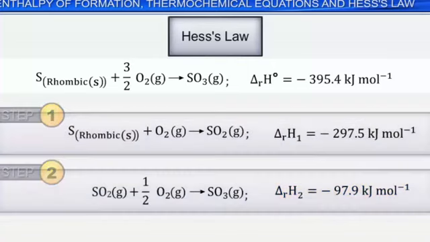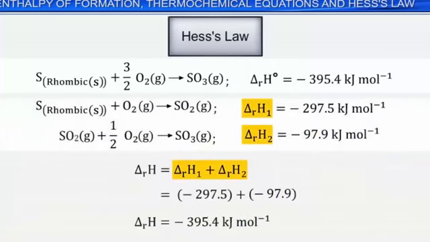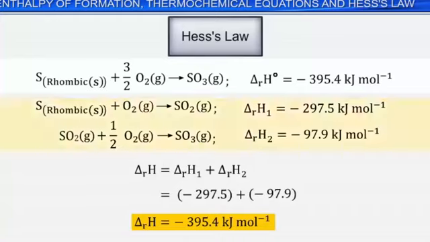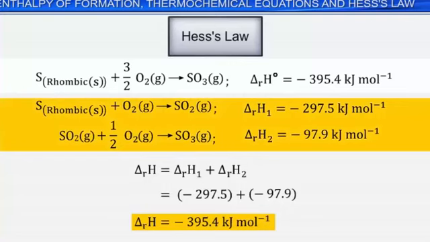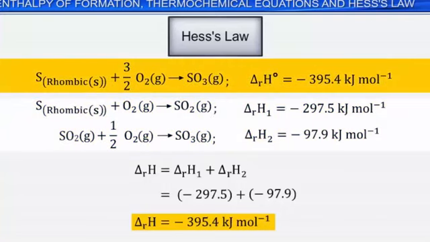If we add the heat evolved from both steps, we get minus 395.4 kilojoules per mole. Note that the amount of heat evolved through the two steps is the same as the amount of heat evolved in one step, thus proving Hess's law.